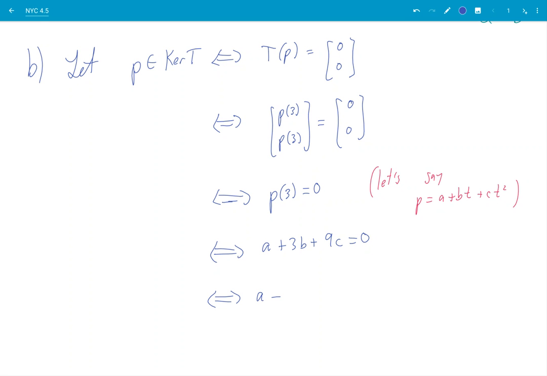Well, I'll just solve. So a is equal to minus 3b minus 9c. I chose to solve for a because it was the most available letter here. When you have just one equation, it doesn't matter really which one to solve for.